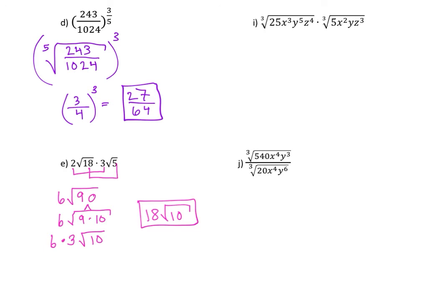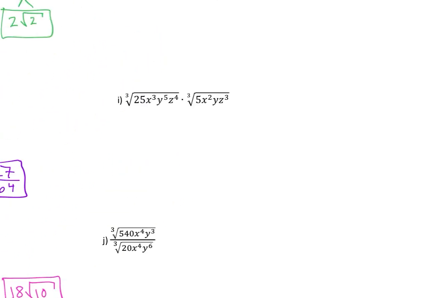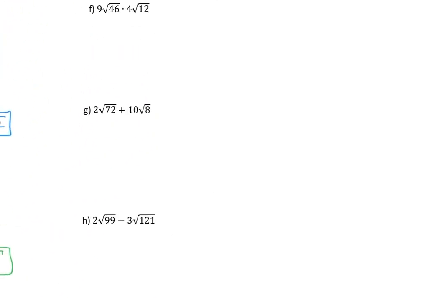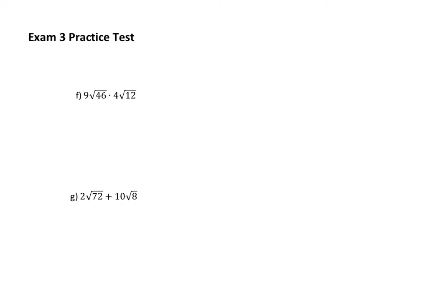All right, let's take a look at F. So we have here 9 square root of 46 times 4 times the square root of 12. Okay, so I want to go 9 times 4 first, that's 36. Then we're going to go 46 times 12, which is 552.